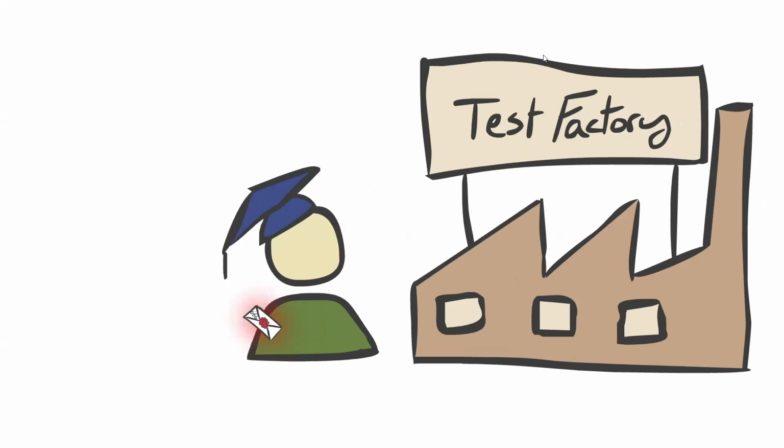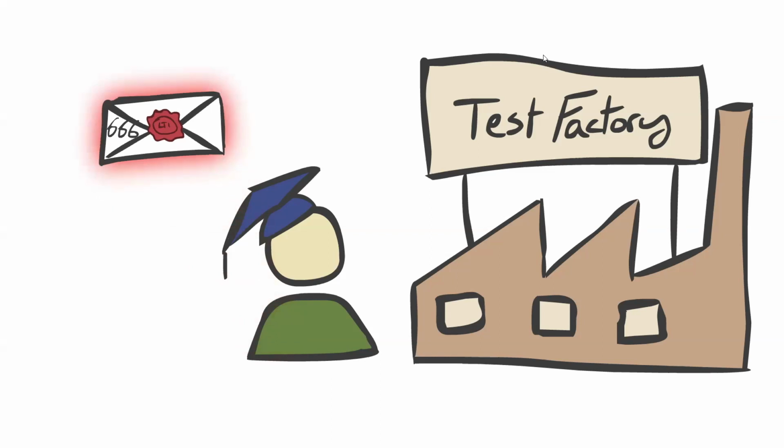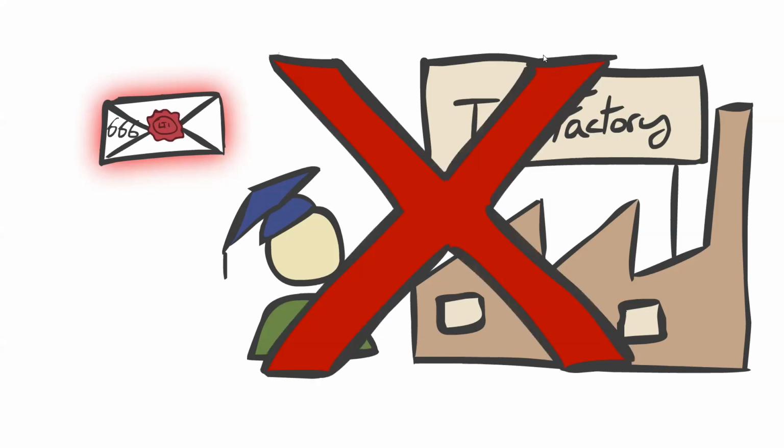But the major difference here is that now that Godfrey has this letter, when the test factory looks at it, that letter has a number on it that is associated to Steve, not to Godfrey. So when the test factory looks at that number, it's going to say, hey, that number is not the same as the person who is trying to use this request.